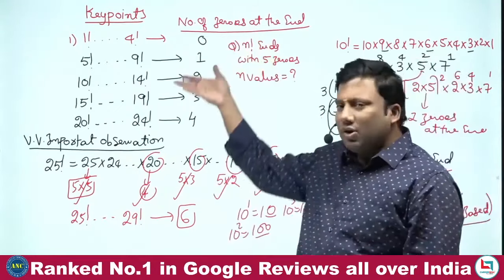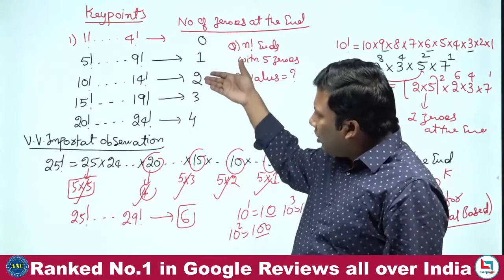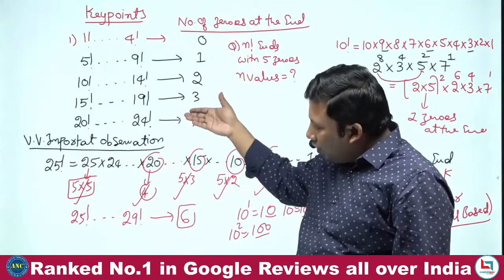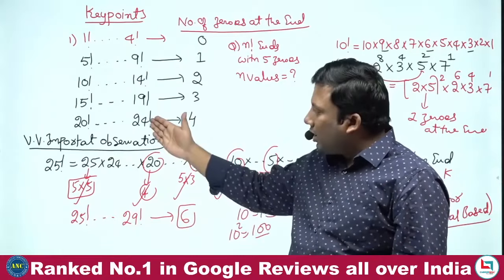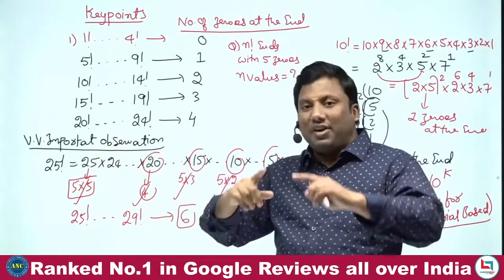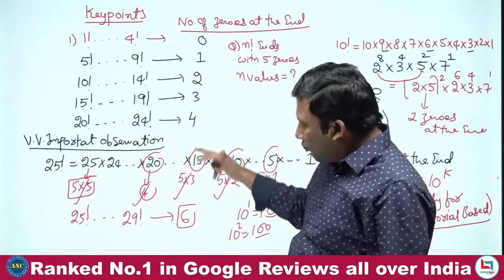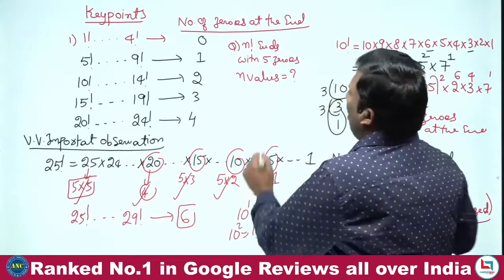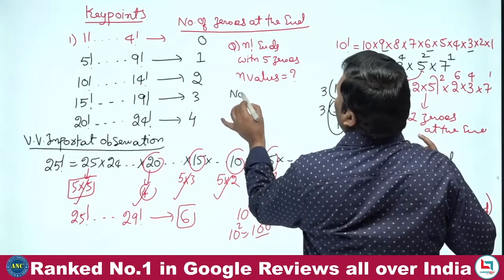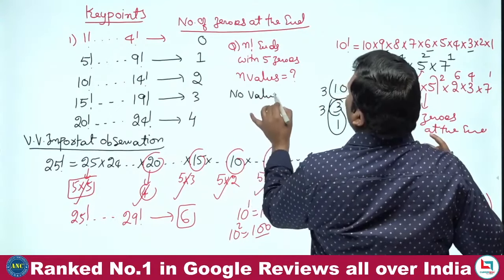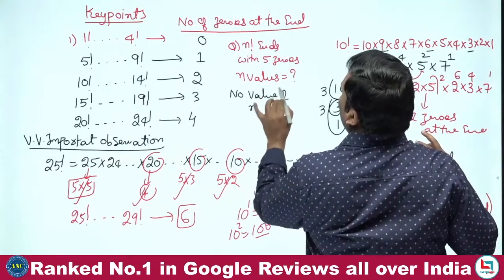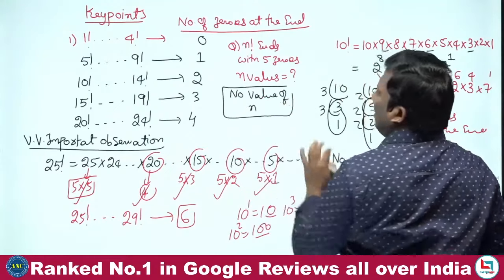According to this calculation, 0, 1, 2, 3, 4. After 4, there is a direct jump to 6, because I am getting 25 factorial. 25 is 5 square, so there is a jump of 2. How many values? No value of n. No value of n will have 5 zeros at the end.